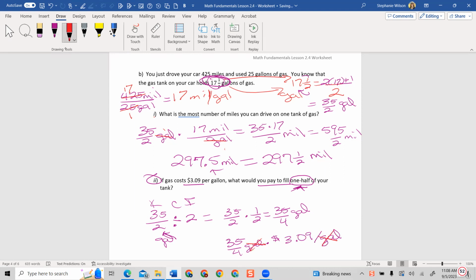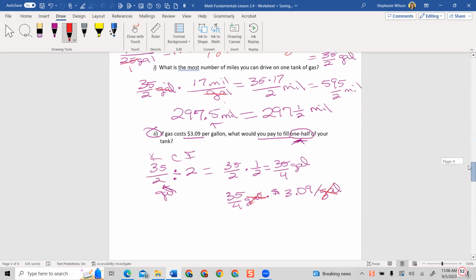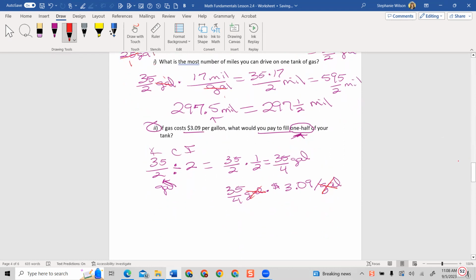And now let me scroll down just a little bit, give myself some space, and rewrite this. Now I have 35 fourths times $3.09. So let's multiply that: 35 times 3.09 over 4. And I get 27.0375. However, we don't have that many decimals when we talk about money, right?